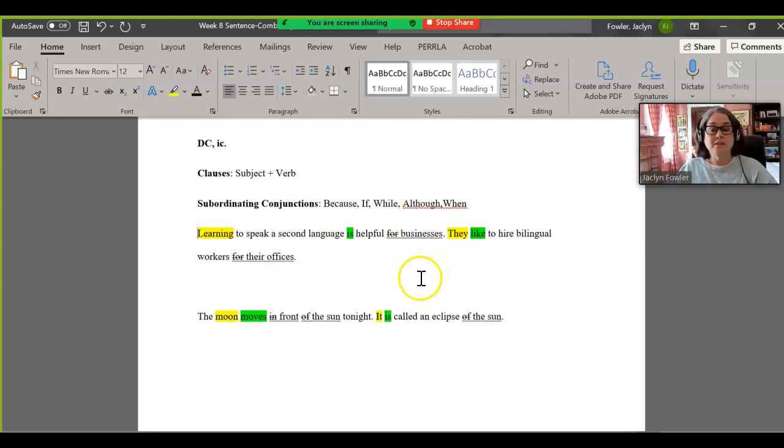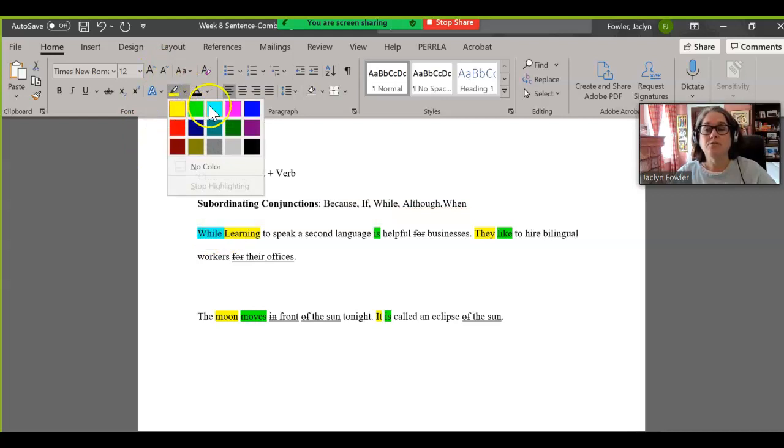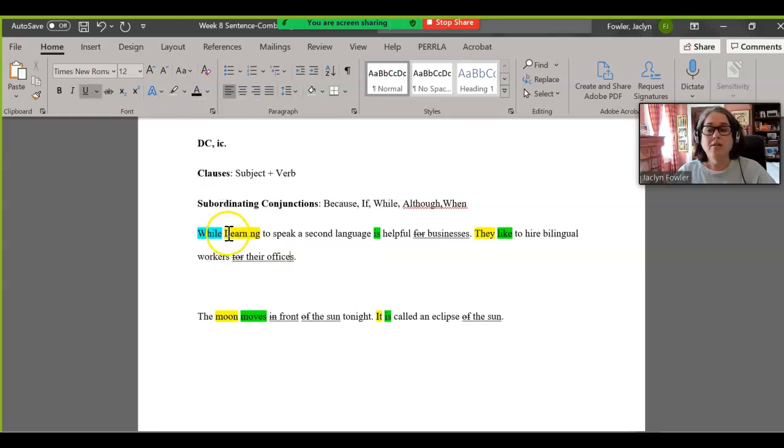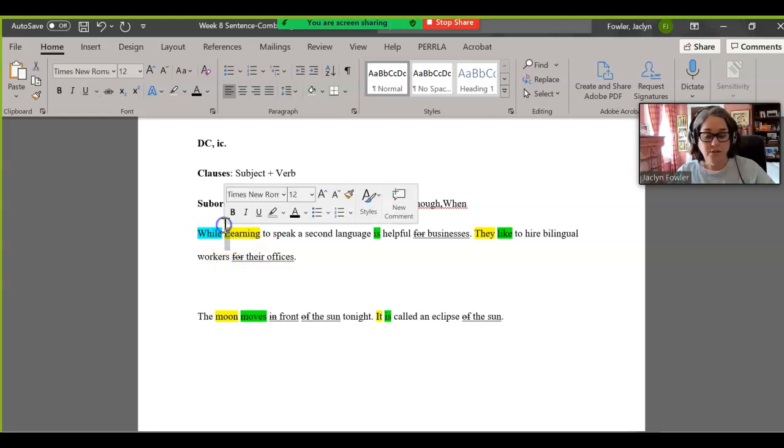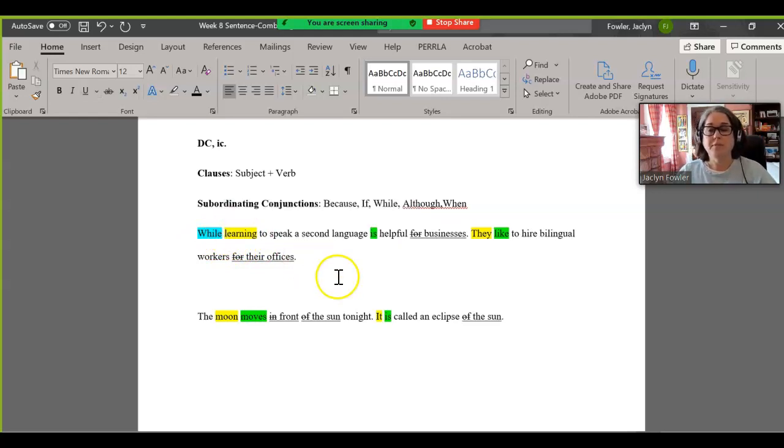So for learning to speak a second language, I'm going to choose to use the word while. While is a subordinating conjunction, and I'm just going to make it blue so you remember that this is the subordinating conjunction. All right? So while, and then remember, learning is not a proper noun. It's not I. So we make it a small L. Okay?